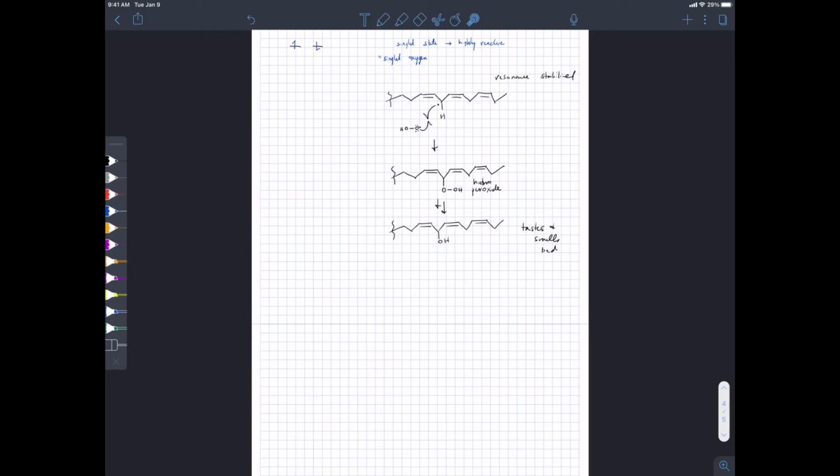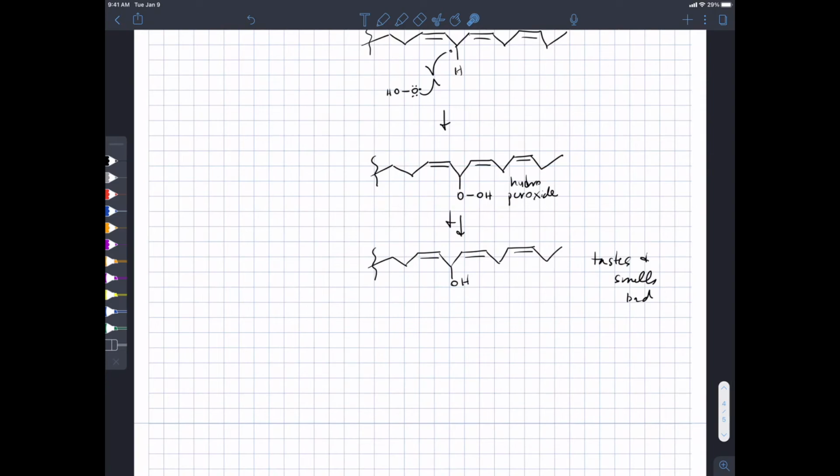And then I'll draw the structure for it. Tertiary butyl hydroquinone.